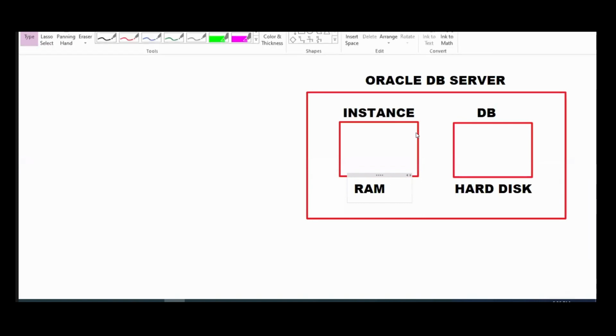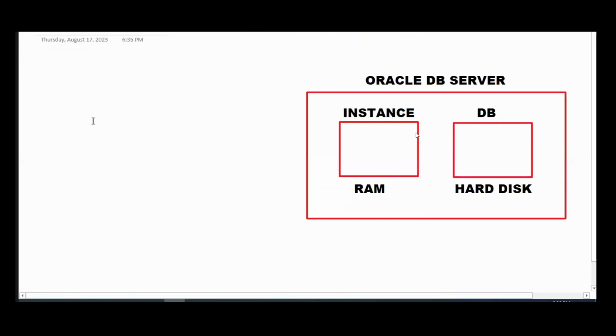So when we are performing a DML operation, like an insert operation, for example, we are inserting one employee record, 1001. Our EMP table is stored in the hard disk in the database.